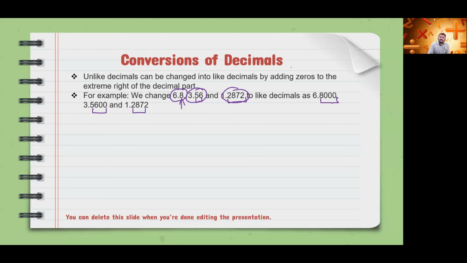We have to add zeros to the extreme right. यहाँ पे decimal point के बाद अभी ये तीनों unlike decimals हैं, इसको हमको convert करना है like decimals. तो यहाँ पे ये जो वैल्यू है 1.2872, इसमें 4 डिजिट्स हैं आफ्टर द डेसिमल पॉइंट, इसमें 2 डिजिट्स हैं, और इसमें एक ही डिजिट है. ओके, तो जो 6.8 है इसमें मैं 3 जीरोस ऐड कर दूंगा टू द एक्सट्रीम राइट फॉर कन्वर्टिंग इट. 3.56 में मैं 2 जीरोस ऐड कर दूंगा, और 1.2872 will be as it is. Just we have to add zeros, nothing else.